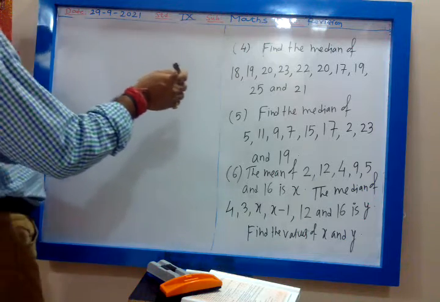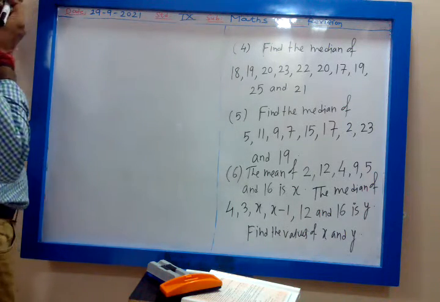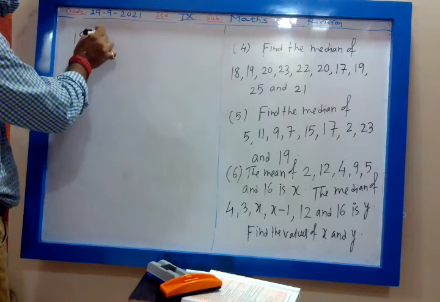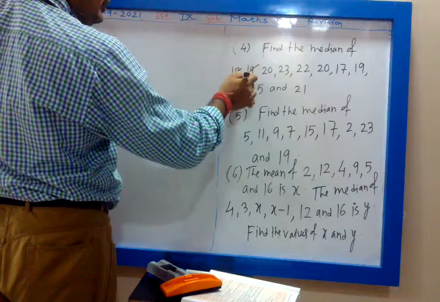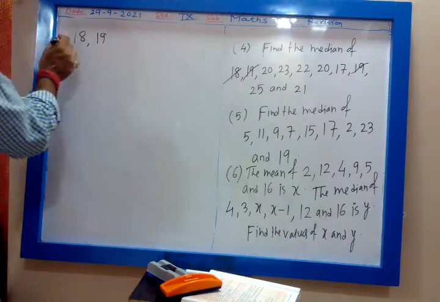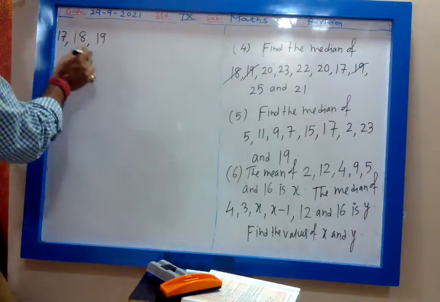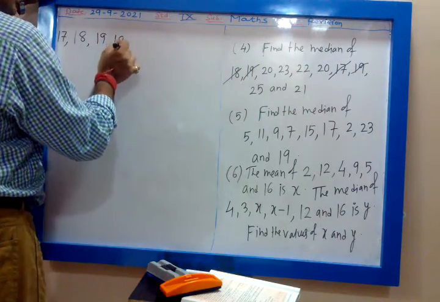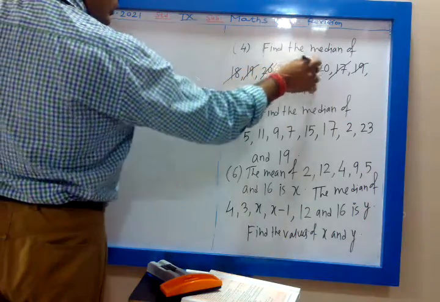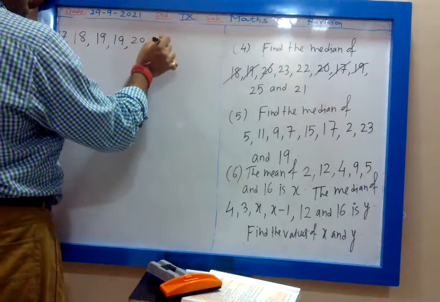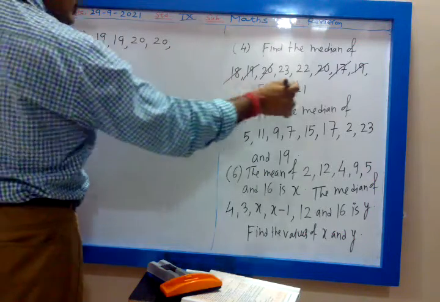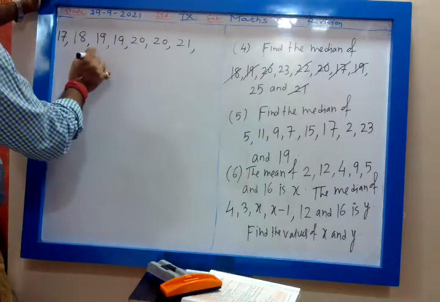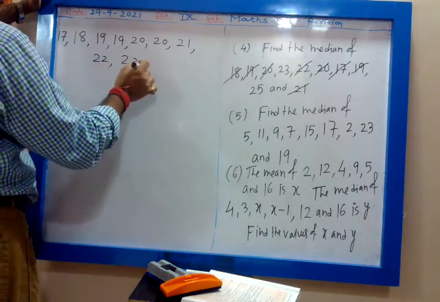So let us arrange the data in ascending order. Which is the smaller number? 17, 18, 19, 19, then 20, 20, then 21, then 22, then 23, then 25.